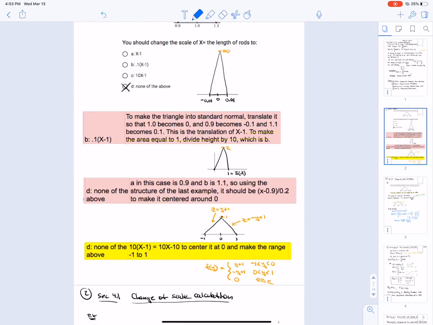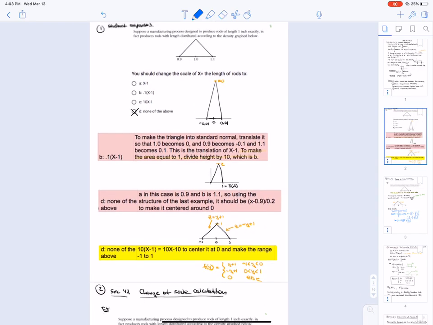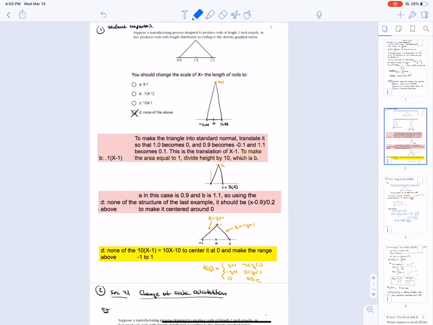So we need a change of scale that will do this for us, and so we need to change the range of values from between 0.9 and 1.1 to between -1 and 1.